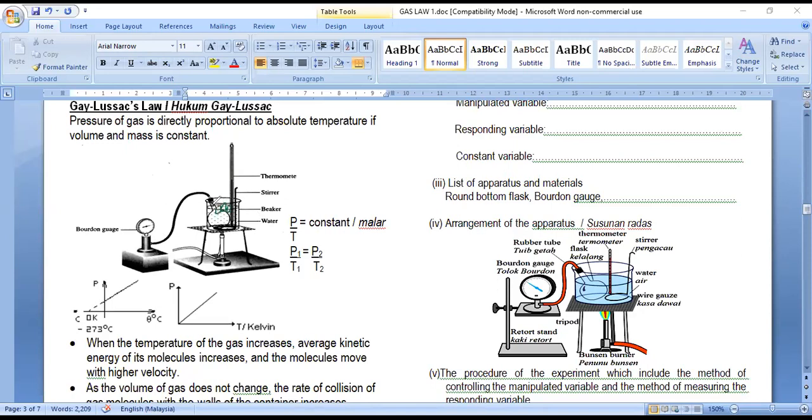This round flask is empty, it's just trapped air inside. So what you're going to do is record different temperature readings and different pressure readings.